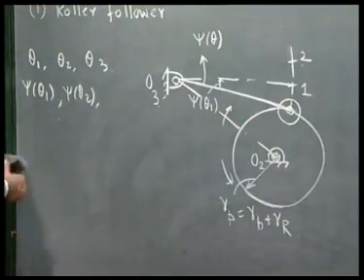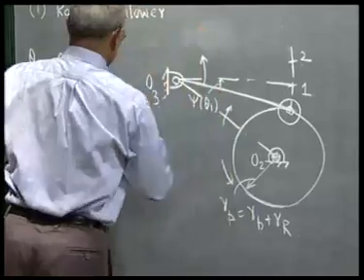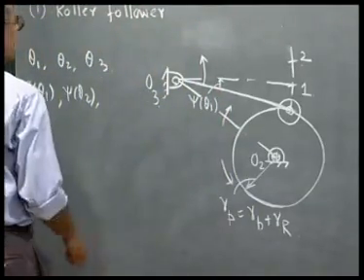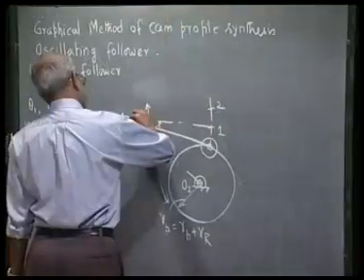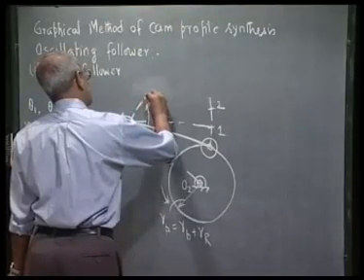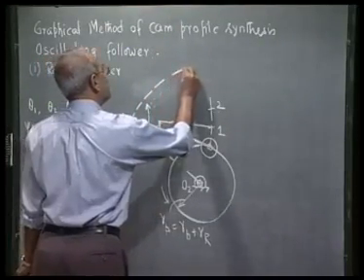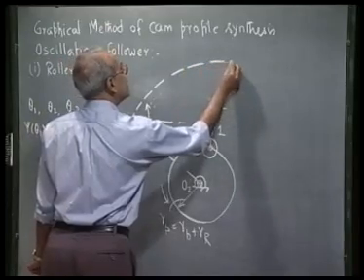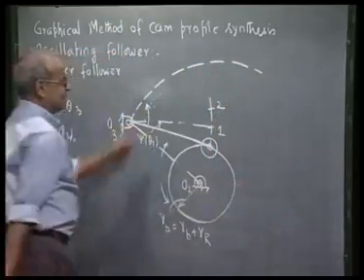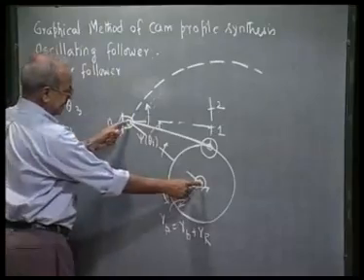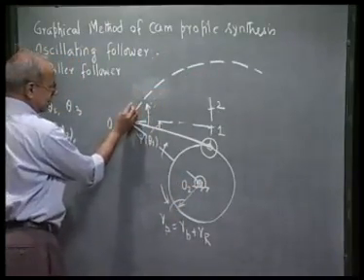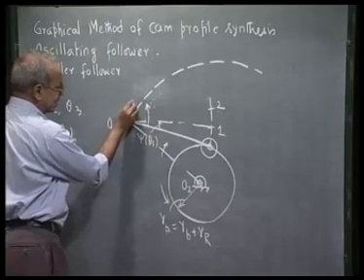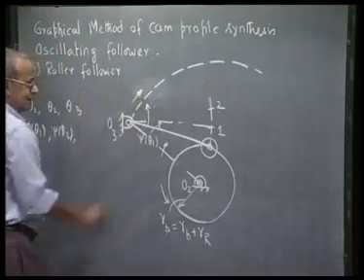So, corresponding to station point 1, the inverted position of O3: this is the circle with O2 as center and O2O3 as radius, and after the kinematic inversion with the cam fixed, this O3 will go on this circle.